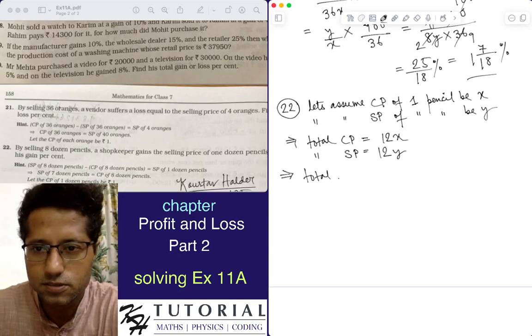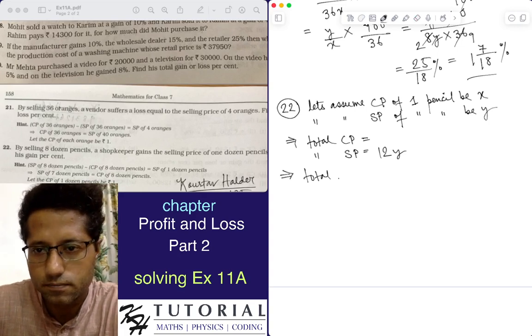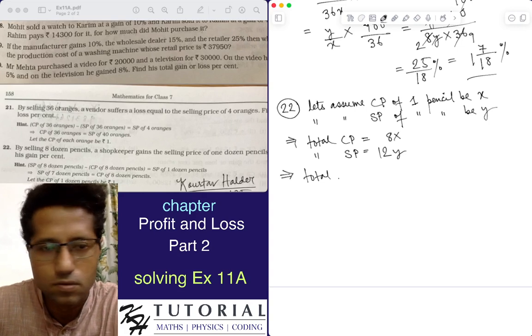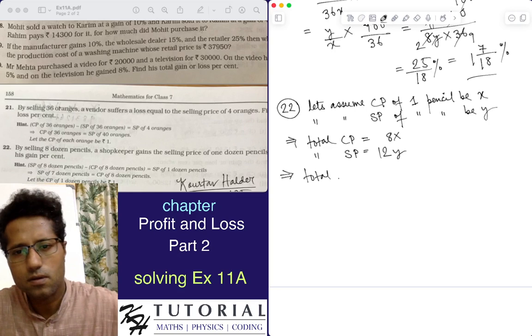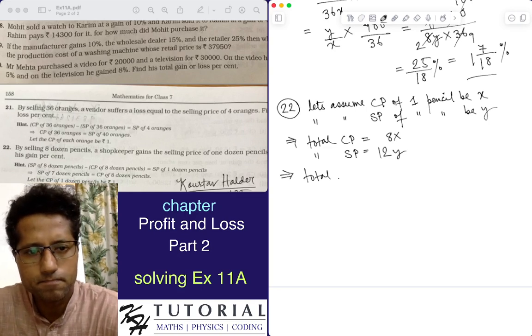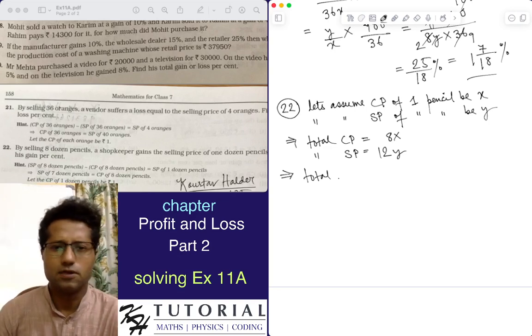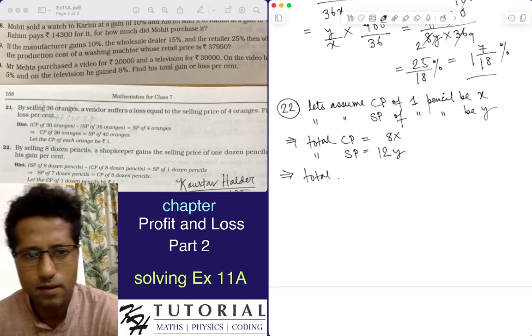Sorry. So total CP must be 8 dozen. So this should be 8 into 12. Now by selling 8 dozen pencils, we can also consider the unit as dozen.